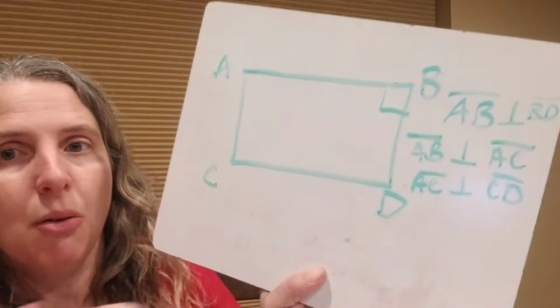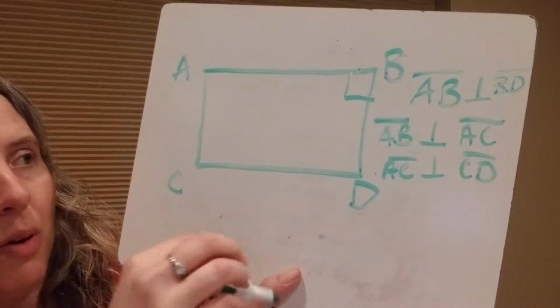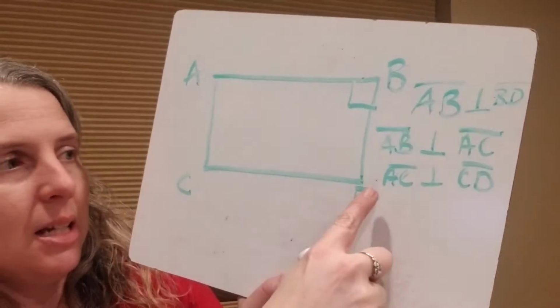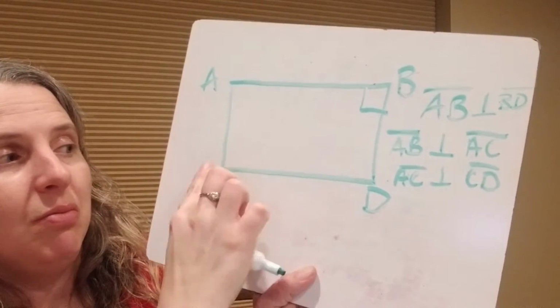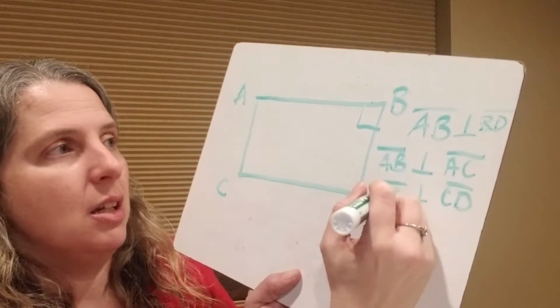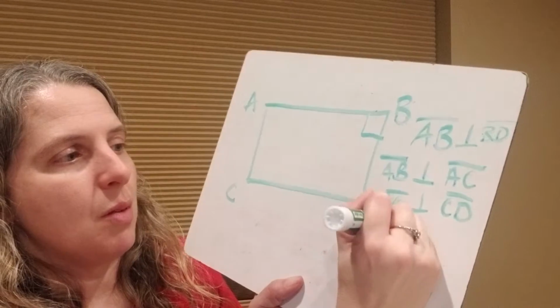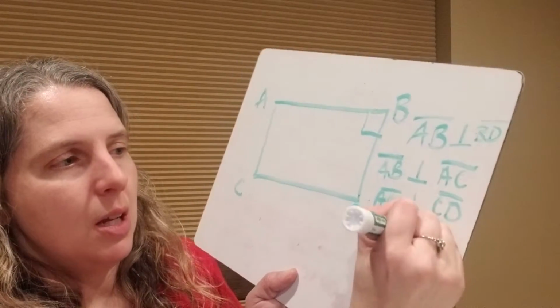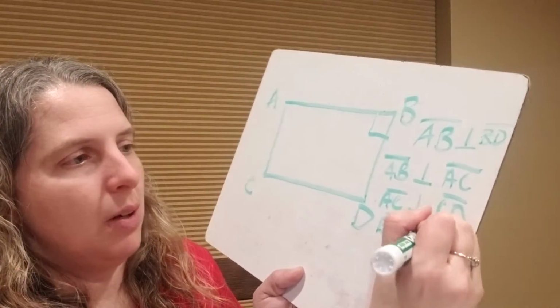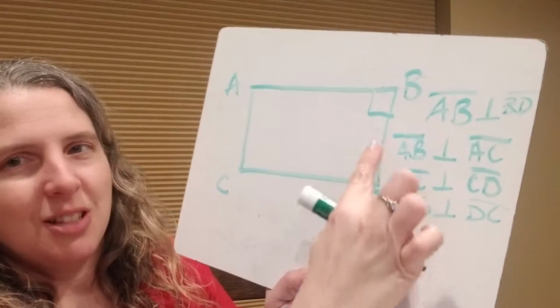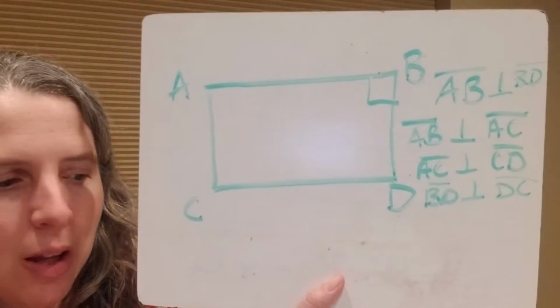Make sure you're writing those. Okay, what about over here? BD is perpendicular to DC or CD, okay? BD is perpendicular to, I'm going to call it DC because it goes back that way. Either way is fine, okay?